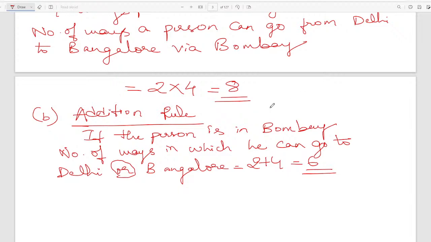Then we'll go through permutation and combinations.